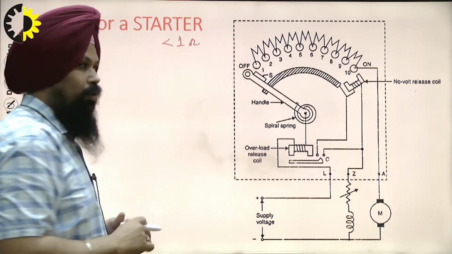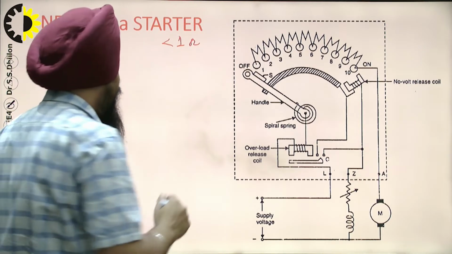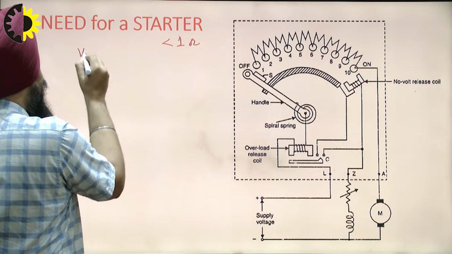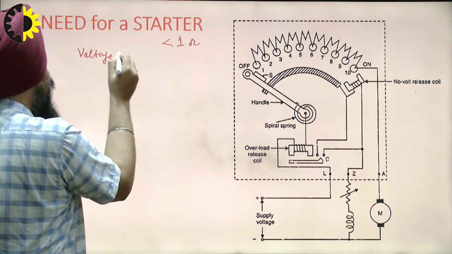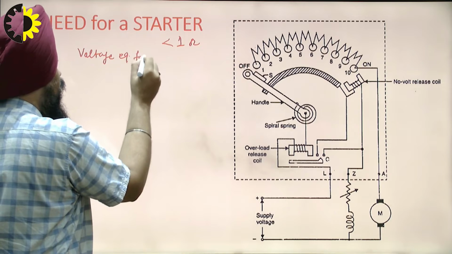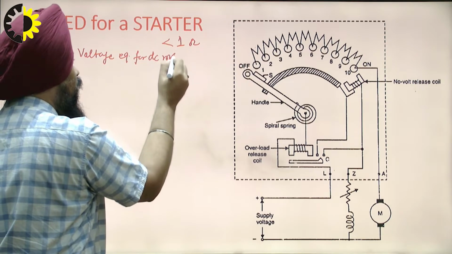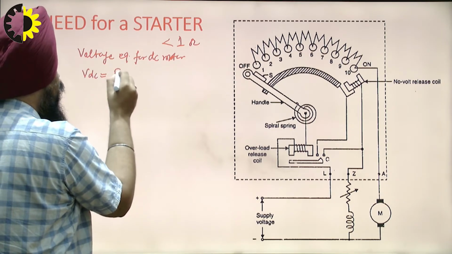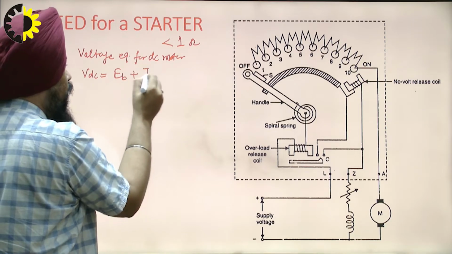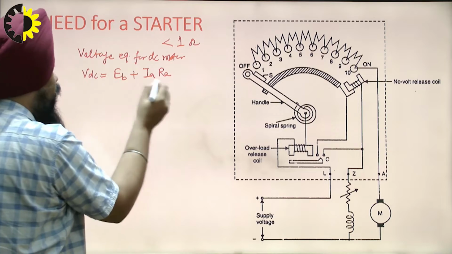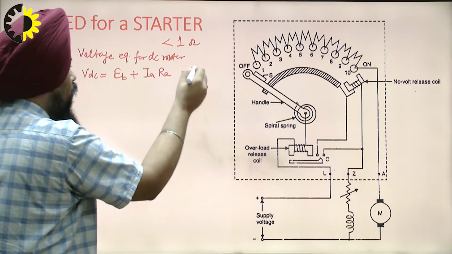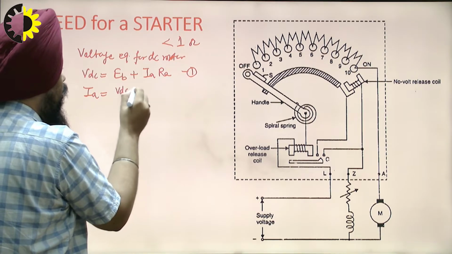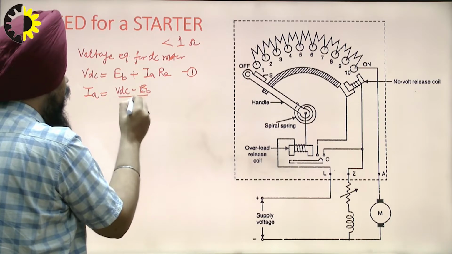The voltage equation for DC motor is given by V_DC, the supply voltage, equals back EMF plus I_A into R_A. From this voltage equation we can get the armature current as I_A equals (V_DC minus E_b) divided by R_A.